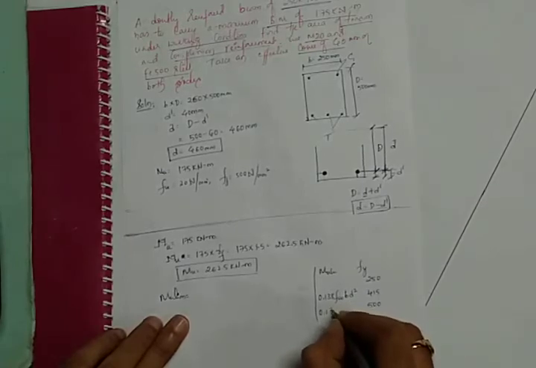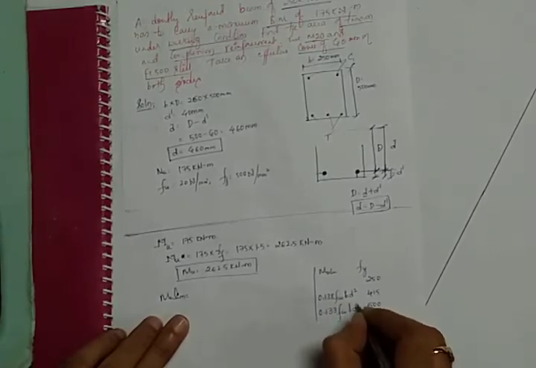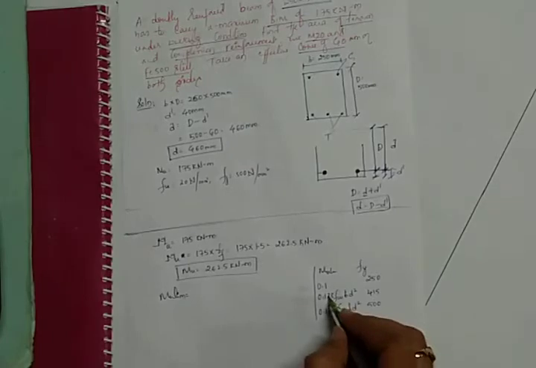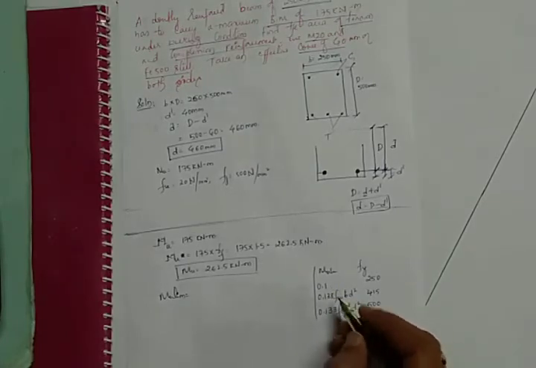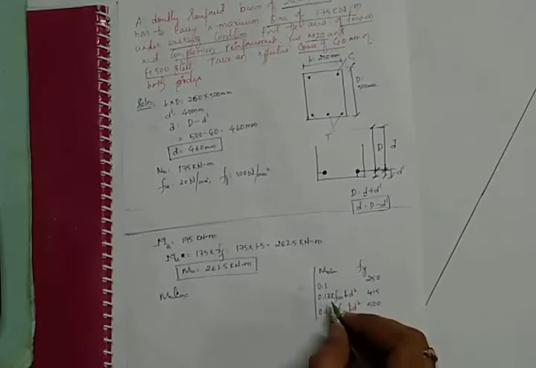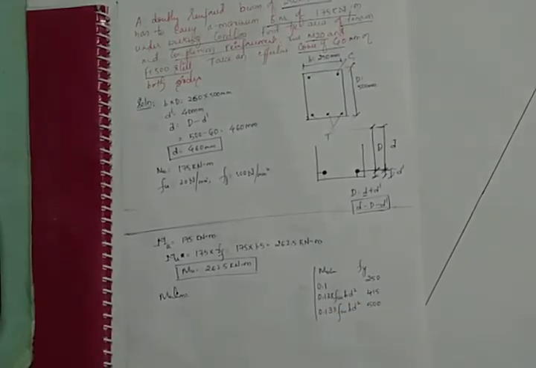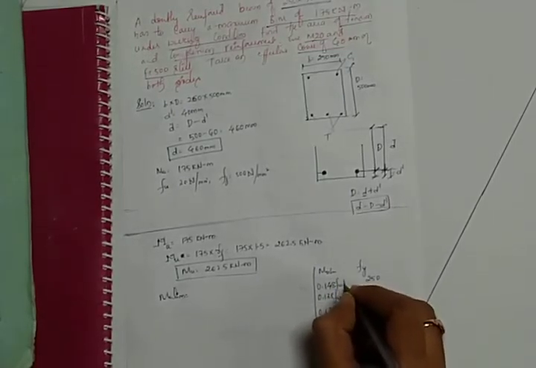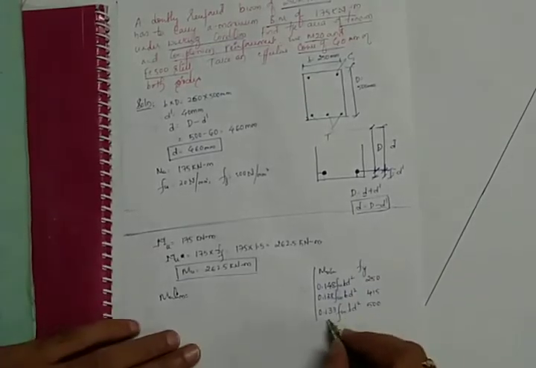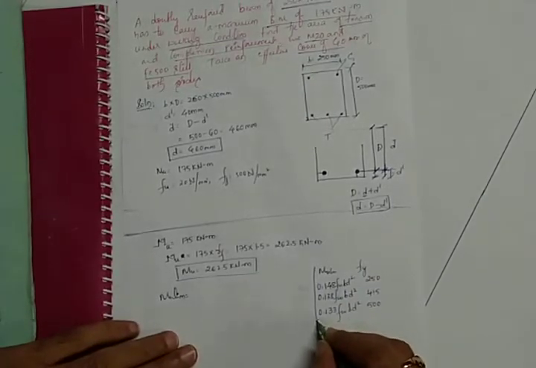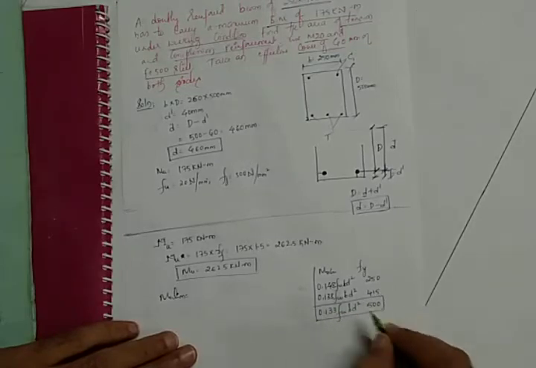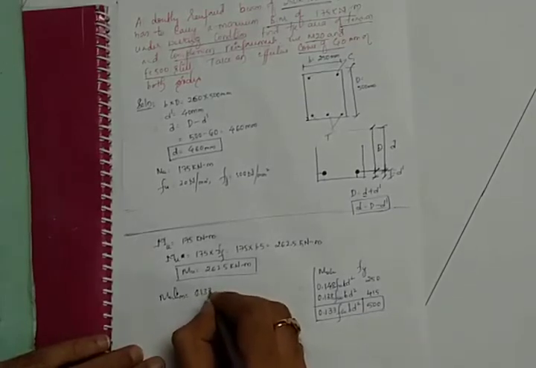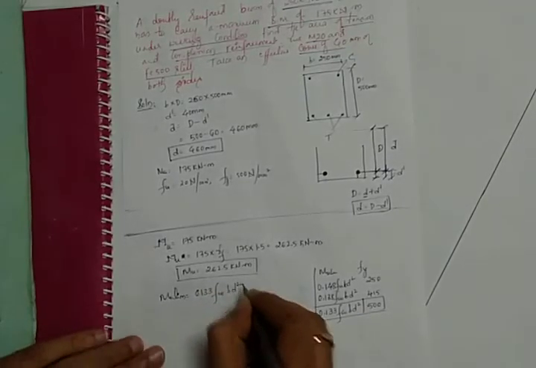So this will be 0.133 fck b d square, and the 138 has to be more than this, so this will be 0.148 fck b d square. Based on this, I will select the formula. So for this grade, this is the formula I am going to use: 0.133 fck b d square.